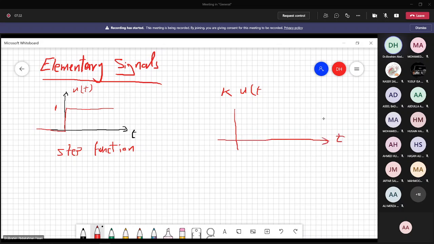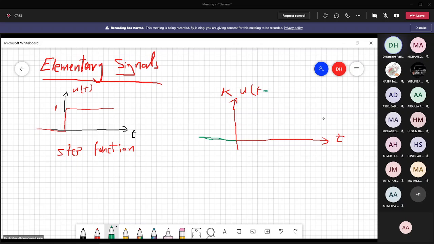This is t and this is ku of t. So we just multiply the amplitude by k. So here 0 multiplied by k will be equal to 0. بيكون هنا 0. Okay, and here we multiply it by k, so 1 multiplied by k, so then it jumps to k.